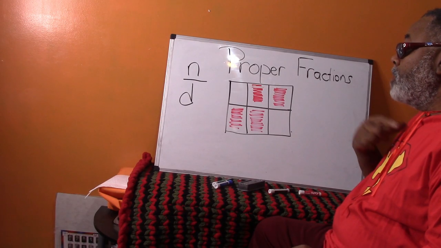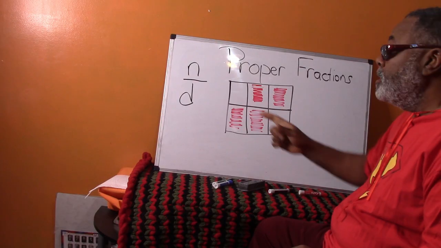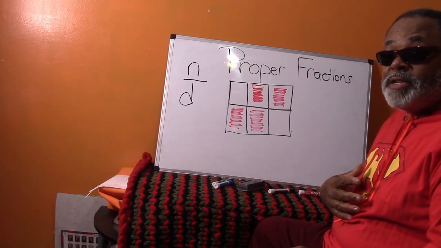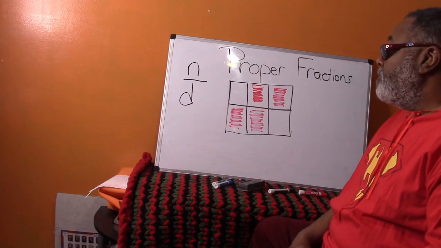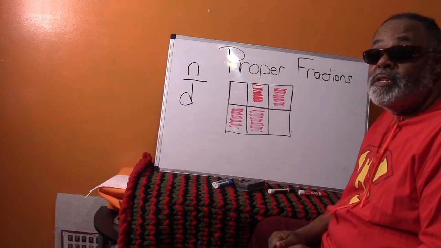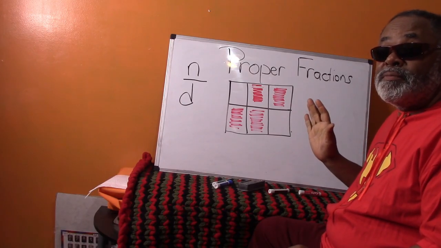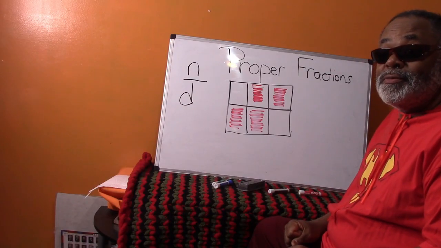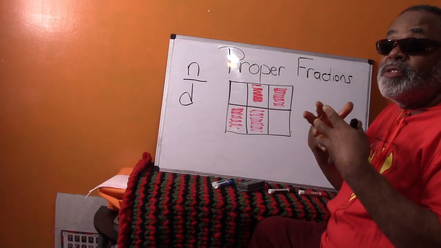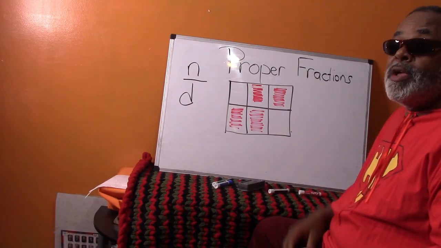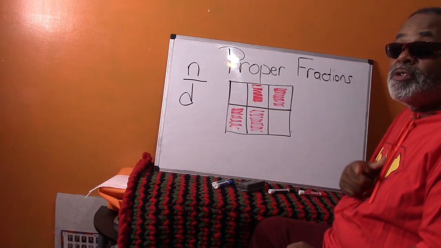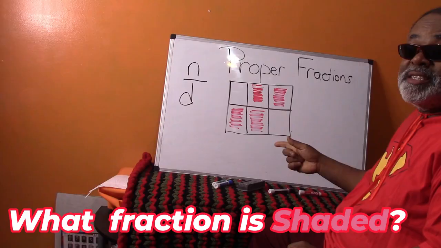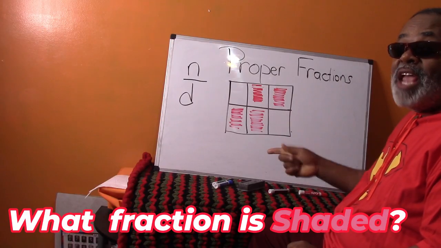If I'm talking about the shaded part or the unshaded part of the fraction, I'm talking about the numerator. If I want to know how many equal parts this shape is cut into that represents one whole, then I'm talking about the denominator. So my question to you is, what fraction is shaded?